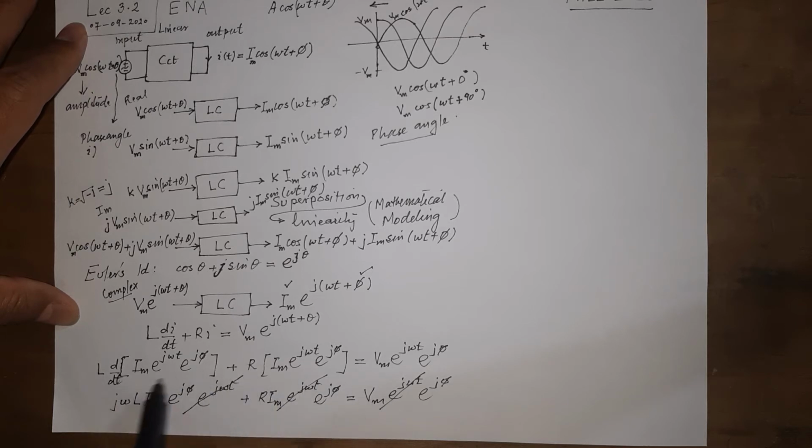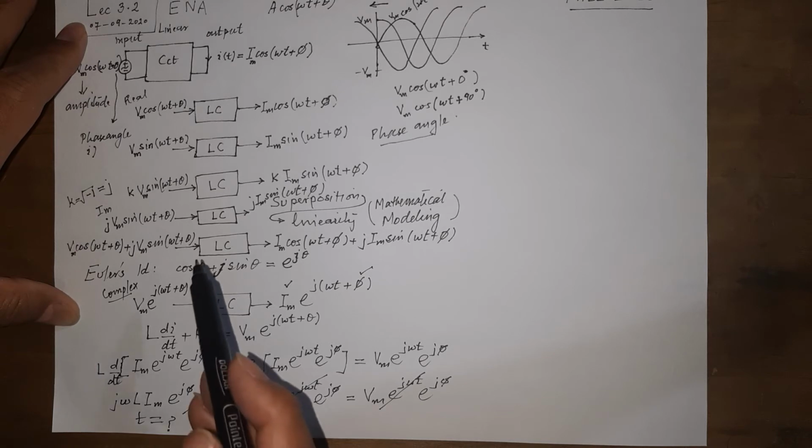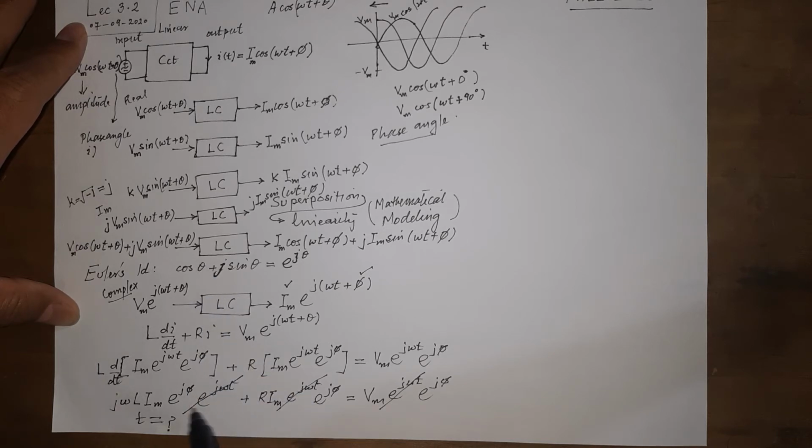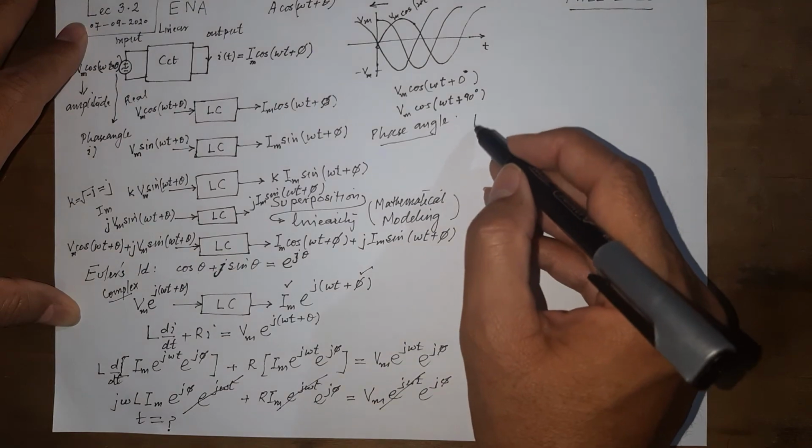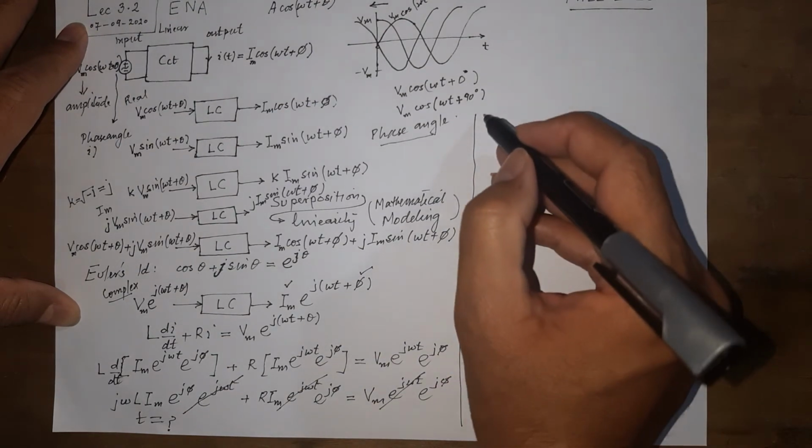Does this equation have a t in it? No t. So starting from the time domain, we have come up with an equation where the t has vanished. So what has happened? Try to understand this.